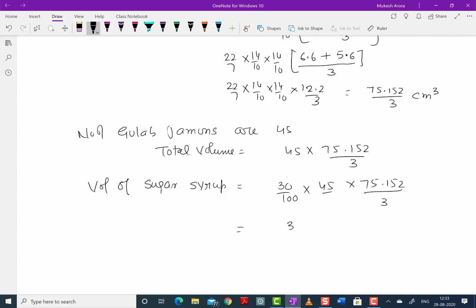So the answer is 338 centimeter cube approximately.